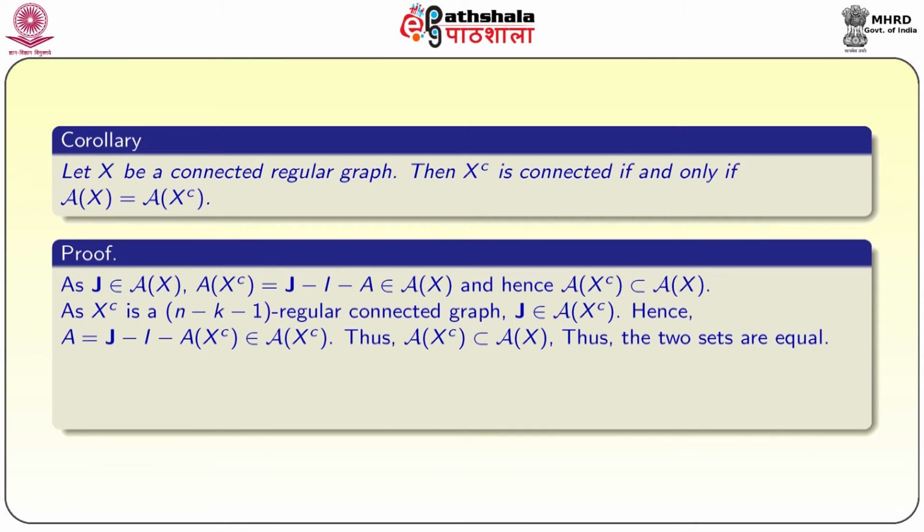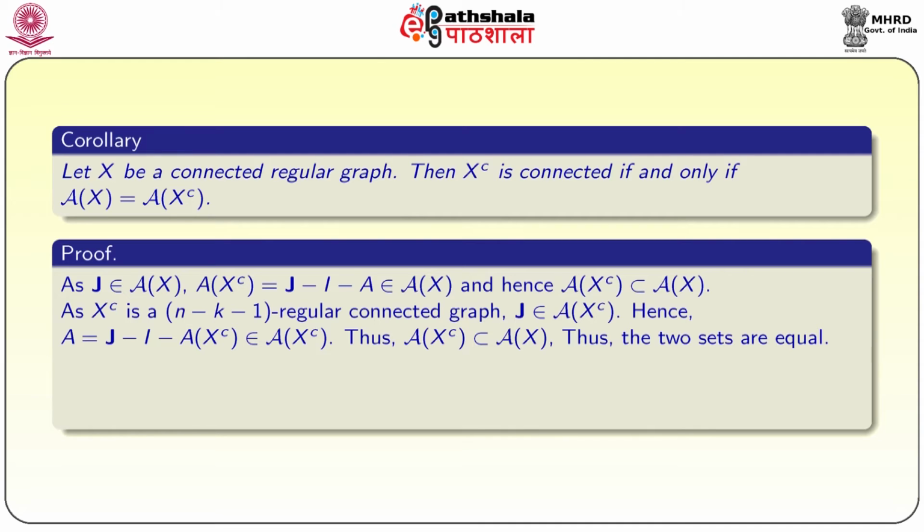Similarly, we can prove that the adjacency algebra of X is contained in the adjacency algebra of X complement. As X complement is an n minus k minus 1 regular connected graph, J belongs to the adjacency algebra of X complement. Hence, A equal to J minus I minus the adjacency matrix of X complement, so this belongs to the adjacency algebra of X complement.